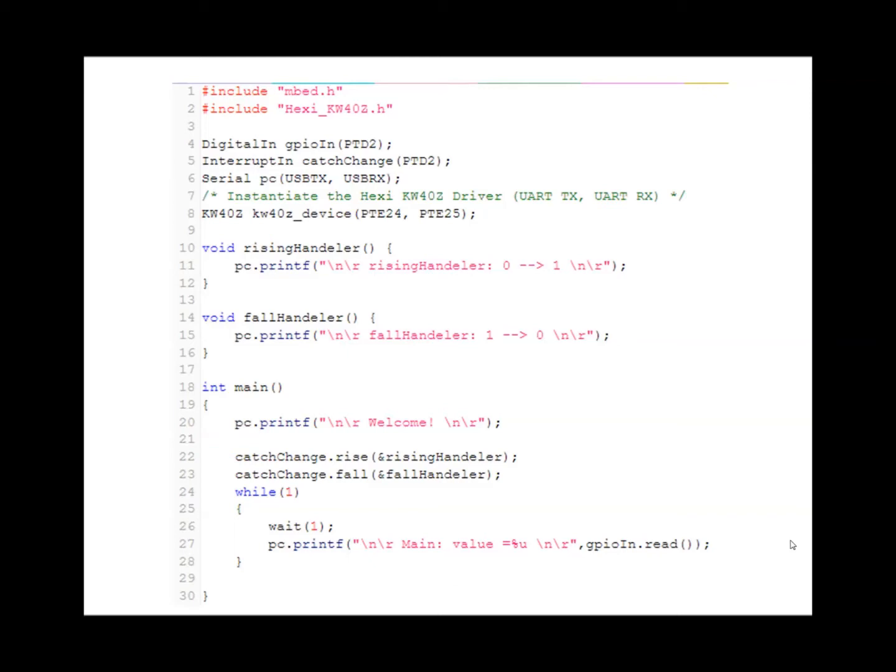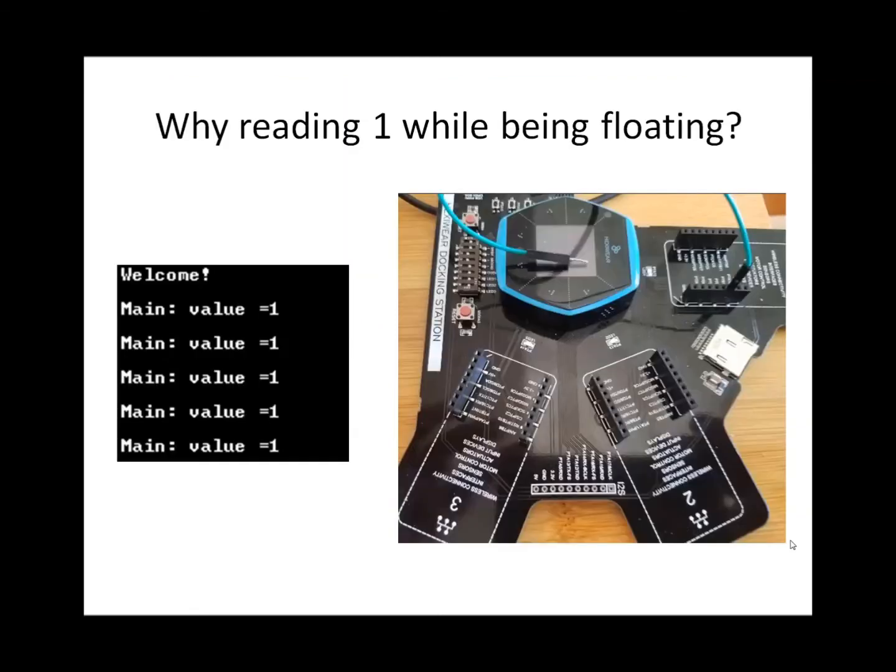Whenever there is a fall from high to low, do another action. And here I am telling mbed, whenever a rise happens, go and execute rise. Whenever fall happens, go and execute fall. Okay, all of you are on the same page? Okay.